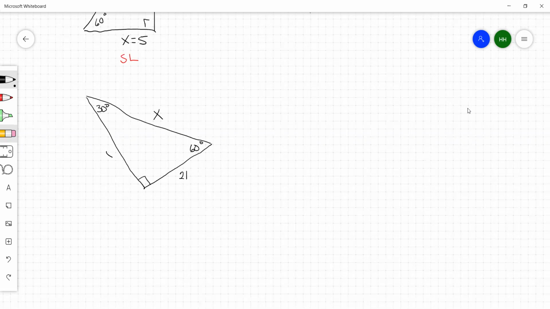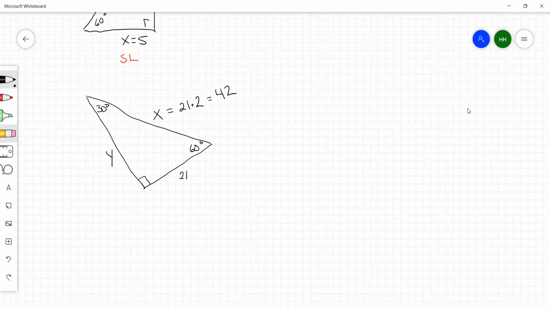X and Y. So our X, which side of the triangle is that? It's the hypotenuse. So what's X equal to here? Hypotenuse equals short leg times 2. Hypotenuse equals 21 times 2. Pretty sure that's what? 42, good.